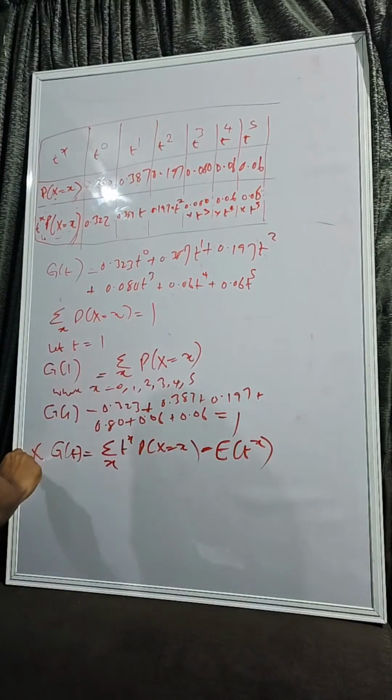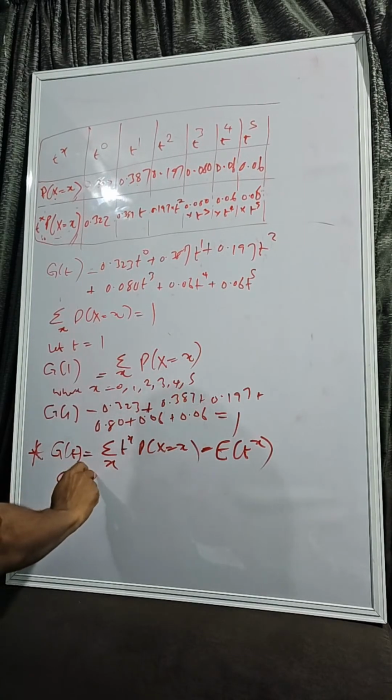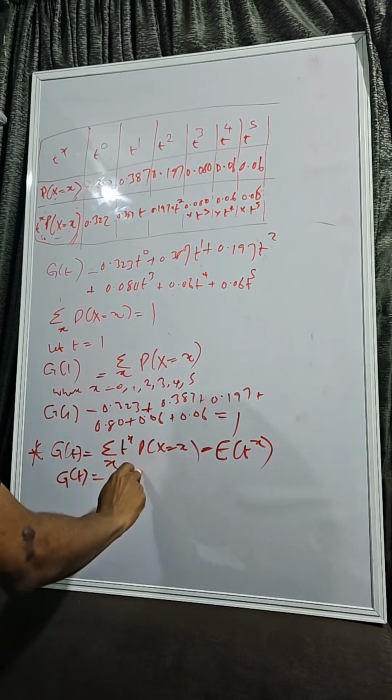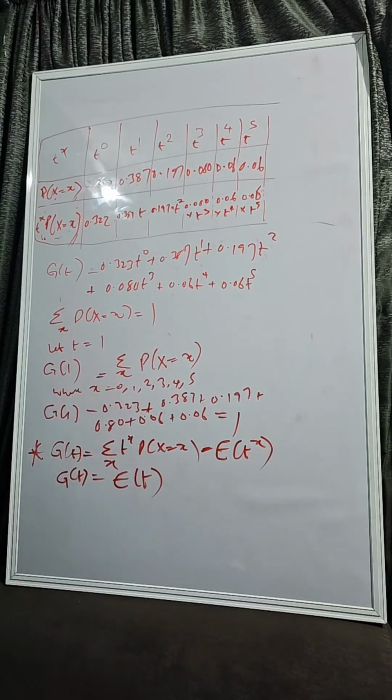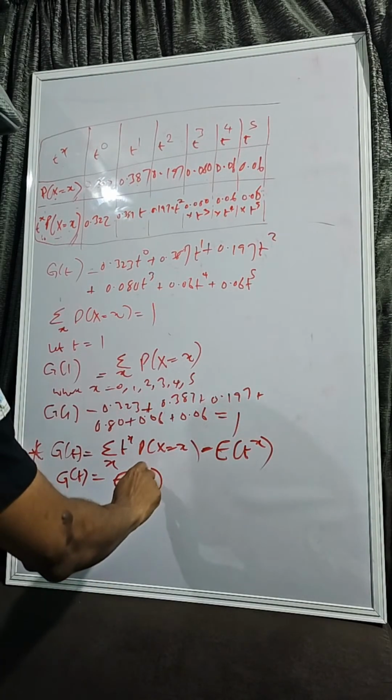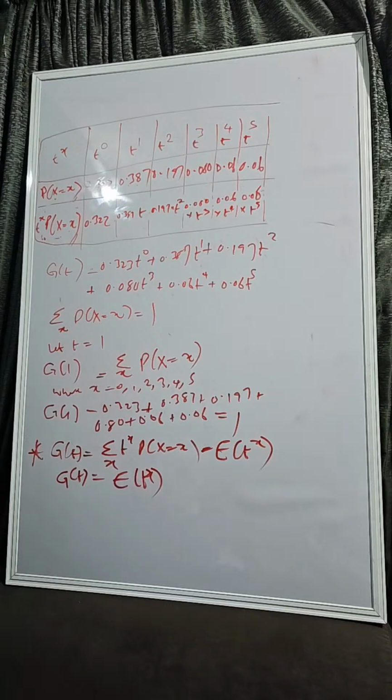So take note of this. So what this means is that G of t is equals to E of t of x. By definition. So take note of that.